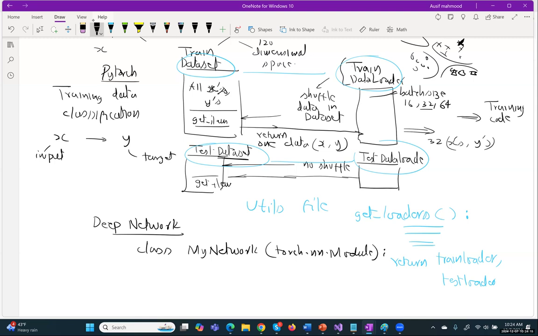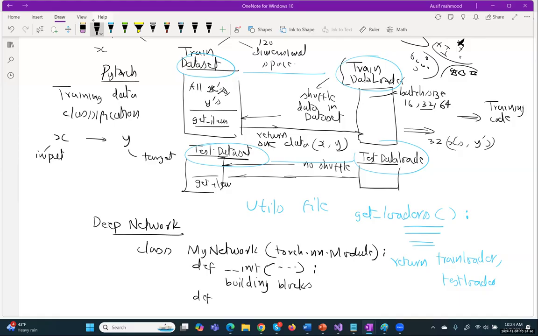Then in the init, we will describe the building blocks, whatever parts we need to build our network, whether it's a CNN layer, a linear layer, or whatever activation we need. So we'll define the building blocks.